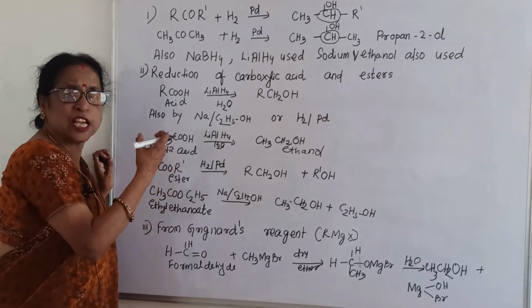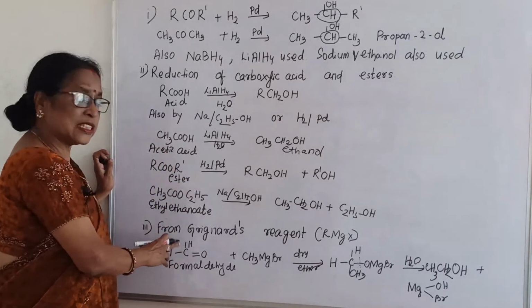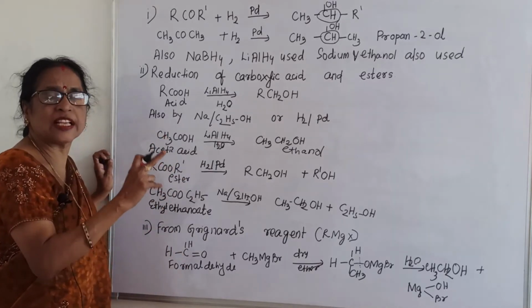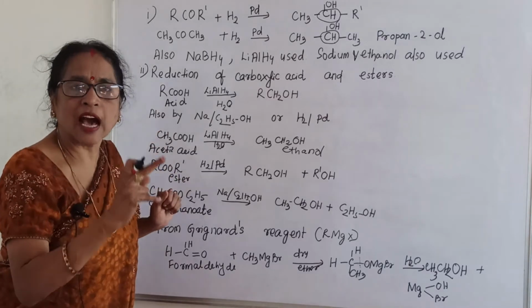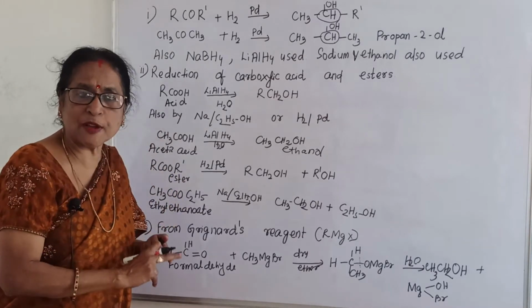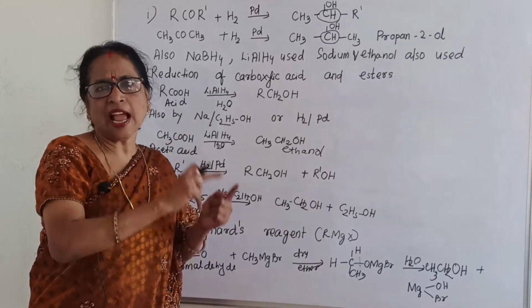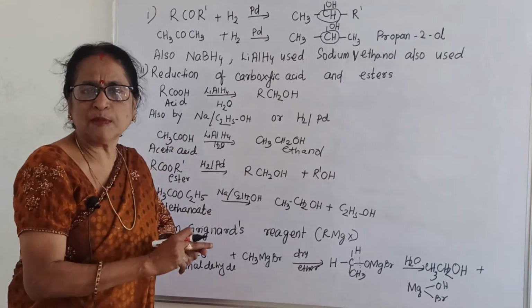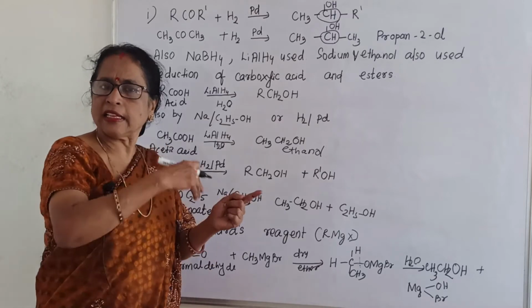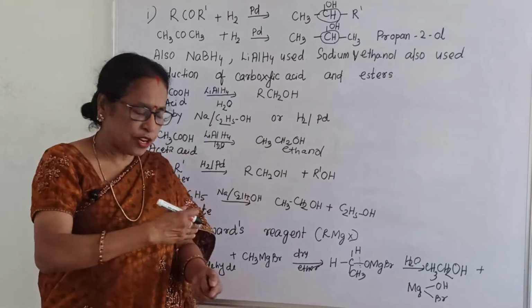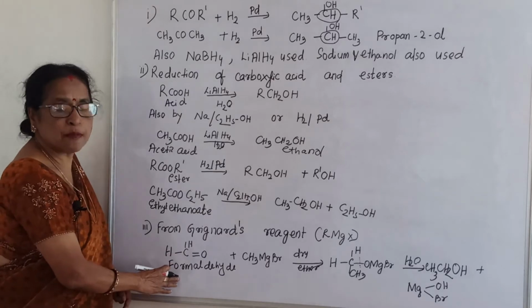What is the IUPAC name of formaldehyde? Since it has one carbon, the name is methanal. What is the IUPAC name? Methanal. Meth means one carbon, al means aldehyde group. So the name is methanal as IUPAC name. As common name, this is formaldehyde.